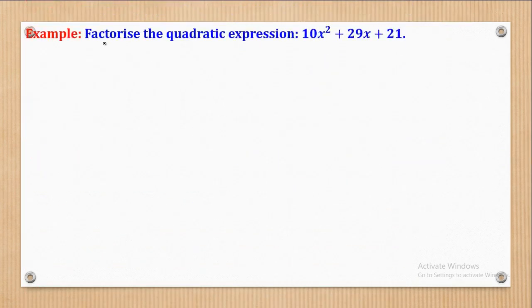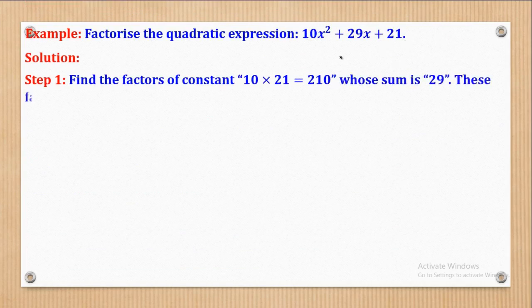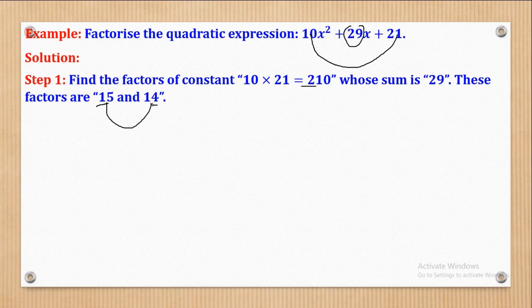For example, if they say factorize the quadratic expression 10x squared plus 29x plus 21, we shall go through the following steps. Step 1 was to look for factors whose sum is equal to 29 and product is equal to 10 times 21, which is 210. So those 2 numbers are 15 and 14, because when you add 15 plus 14 you come up with 29, and when you multiply 15 by 14 you come up with 210.